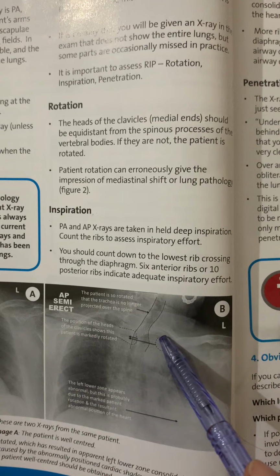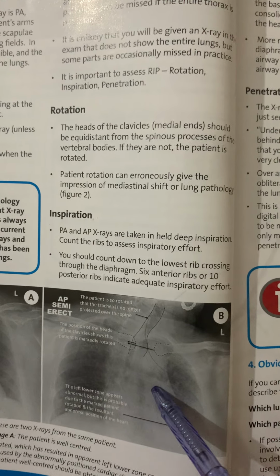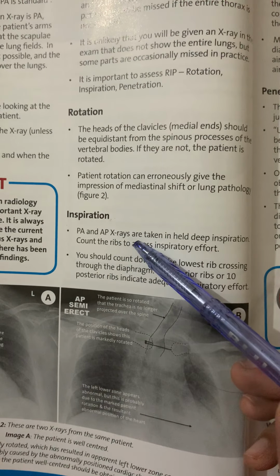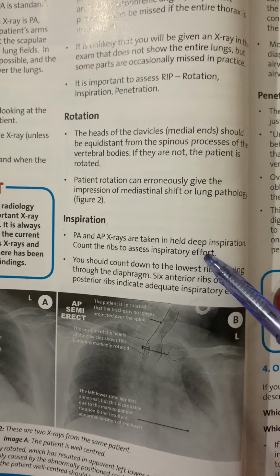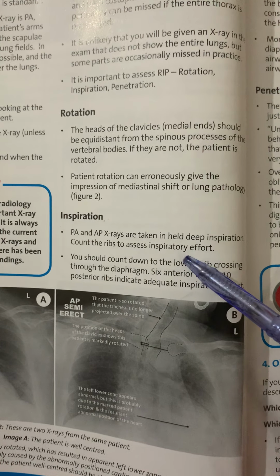Patient rotation can give the impression of a mediastinal shift or lung pathology. Now coming towards the inspiration, PA and AP X-rays are taken in held deep inspiration. Count the ribs to assess the inspiratory effort.